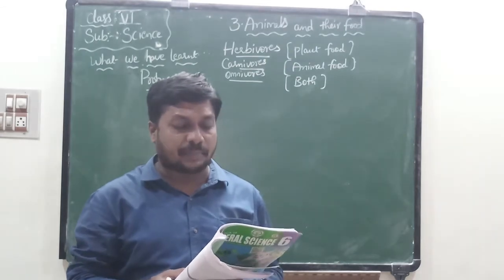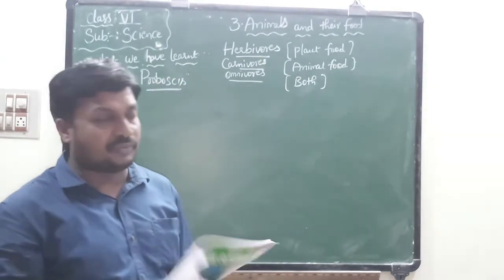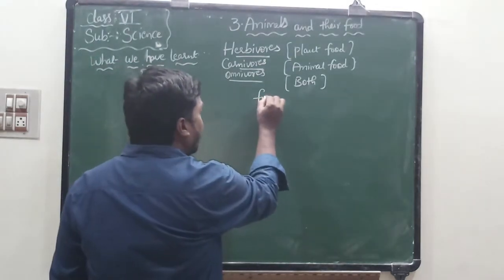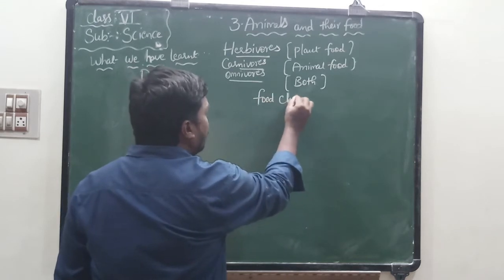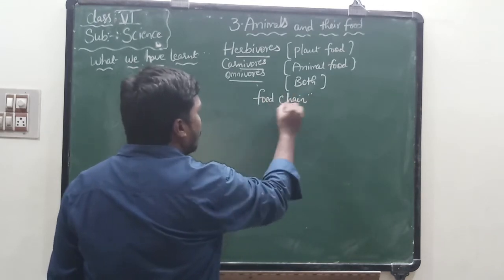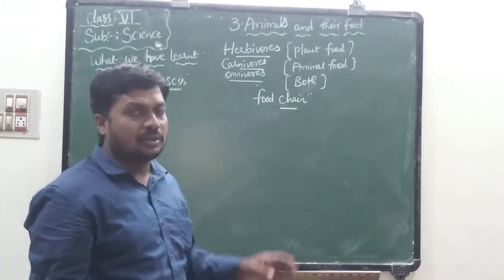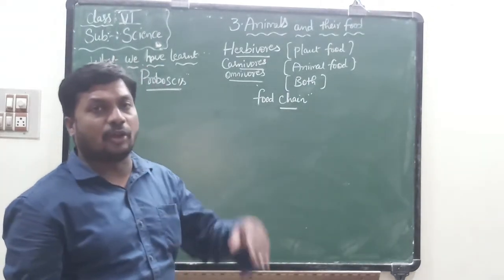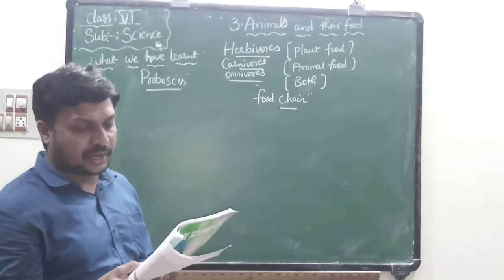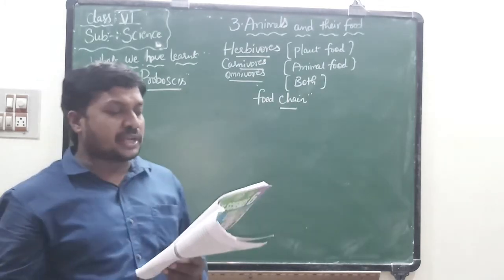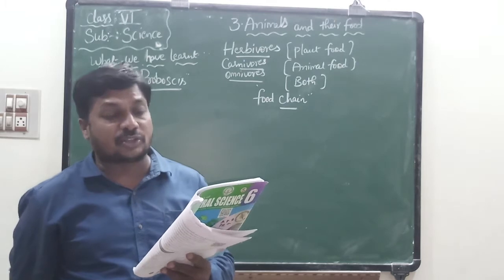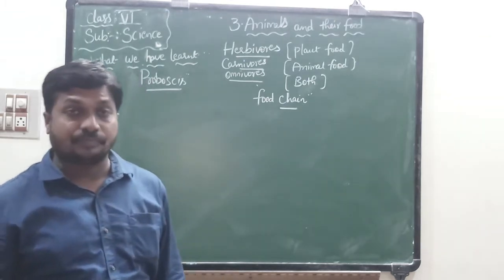Food chain is the connection between animals on the basis of their food habits. I already explained food chains and food webs in the previous classes. A food chain is a feeding relationship between one organism and another. Food chain explains the interdependence of diverse organisms. Diverse means different.